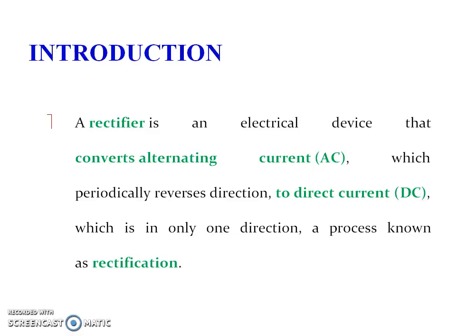This process is what is called as rectification. We know that the alternating current AC is having both positive and negative half cycles. This positive and negative half cycle, which we have a periodic reversing in the direction, is now changed to a single direction. So we have a rectification process happening here.